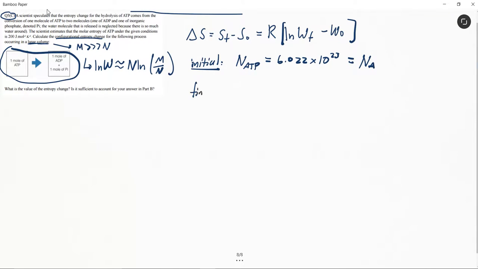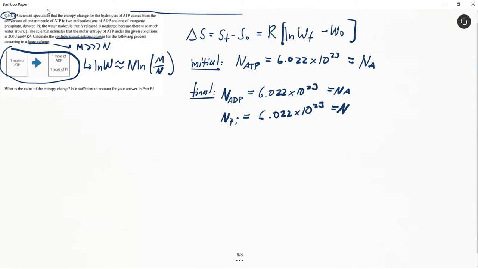Along with that, in the final system we have two different molecules. Our first one is N ADP, which is 6.022 times 10 to the 23rd molecules as well, equal to Na. And then N PI is also equal to 6.022 times 10 to the 23rd, which is also Na.